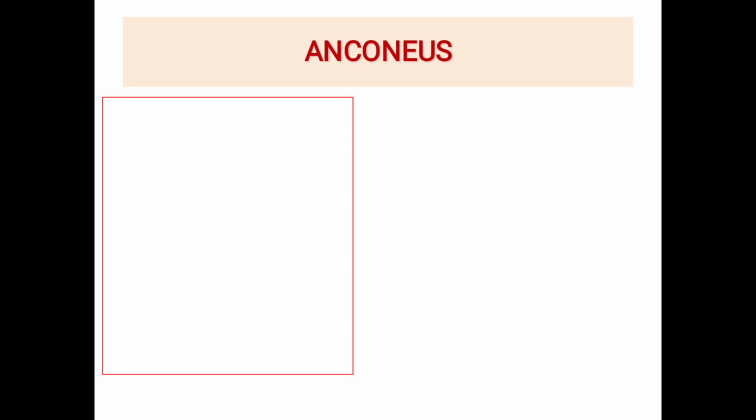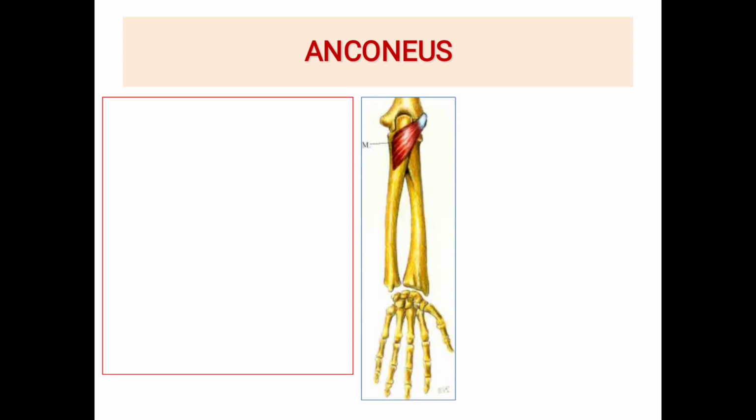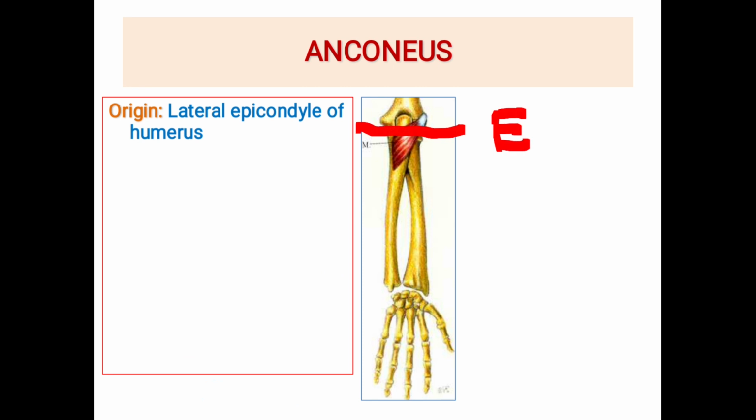Okay, and anconeus. Actually, this is a very small muscle at the elbow. So obviously, it only crosses the elbow joint. So it can only extend the elbow joint, nothing more, nothing less. So origin, you have the lateral epicondyle. Then it is inserted at the ulna.